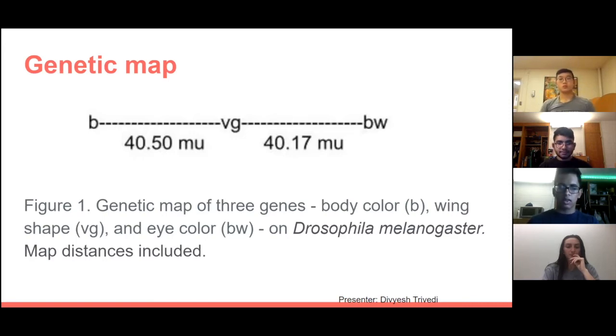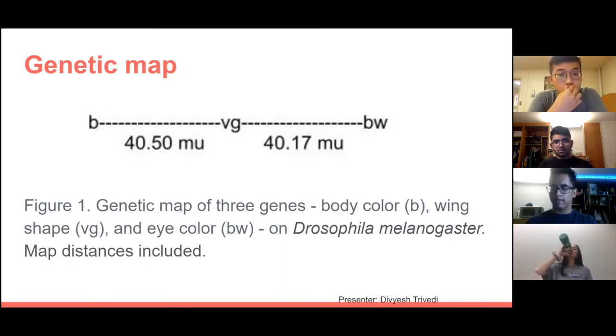So in this case, we calculated 40.5 map units between black body and vestigial wings, and this was done by looking at the data above, adding the two values for which there was a single crossover and a double crossover, and dividing by the total number of flies, which is 595. And a similar thing was done to find the distance between the vestigial allele and the brown eyes allele. In this case, it was 40.17 map units.